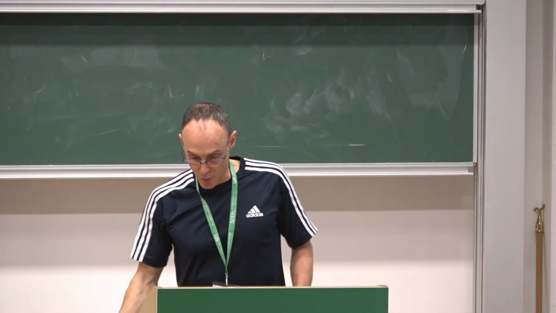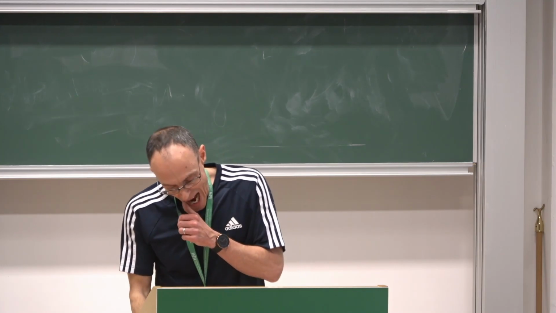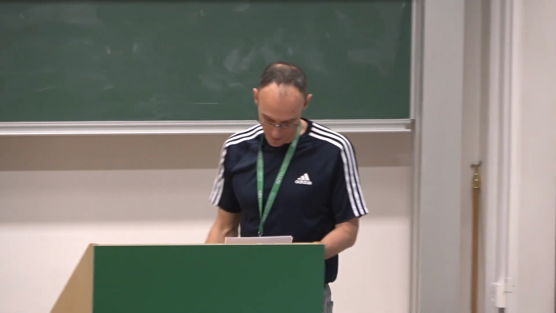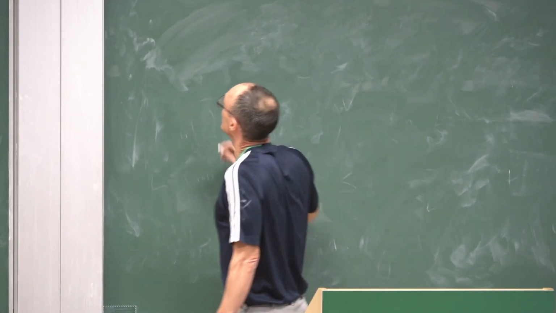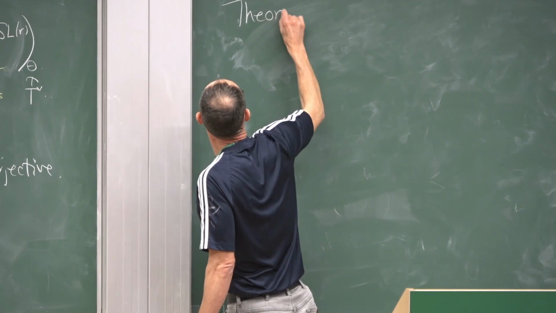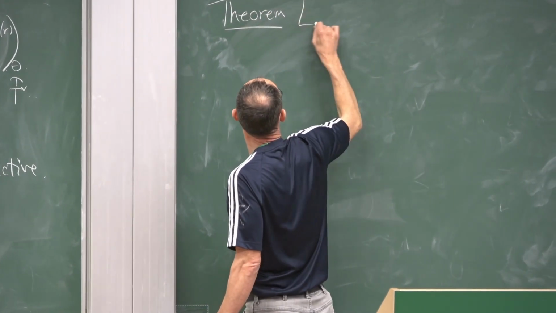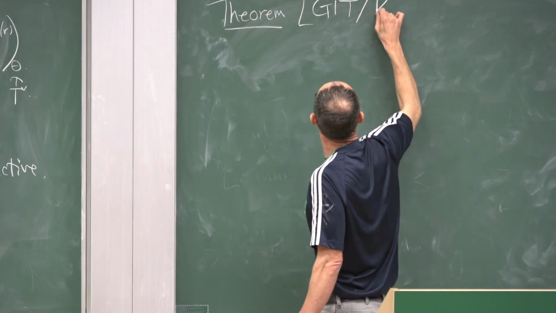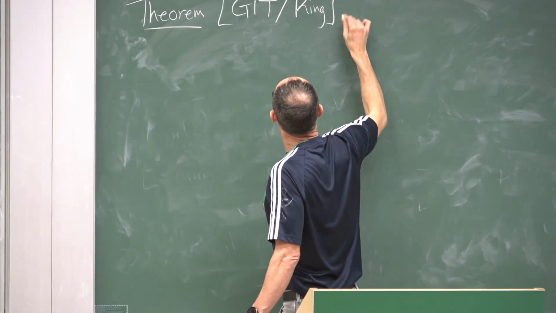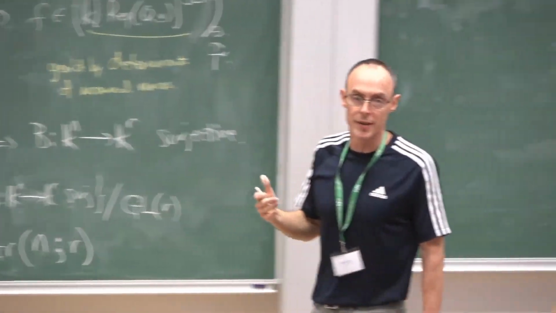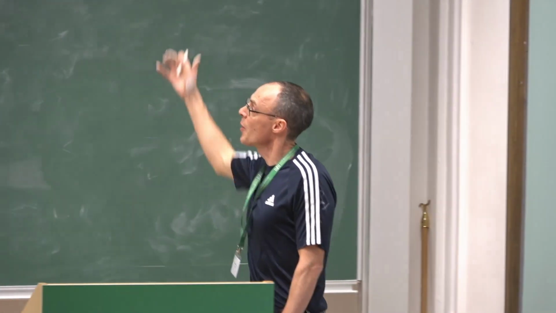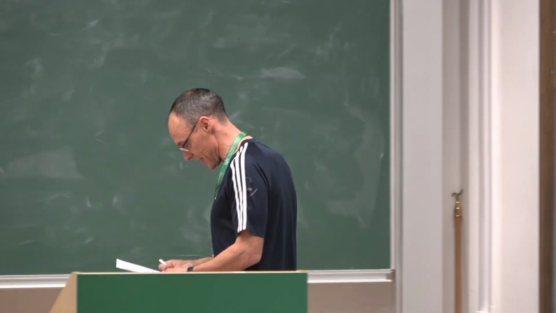So the same is true much more generally. And I've got a theorem, and I'm attributing it to Alastair King, who's a colleague of mine, but that's probably a bit generous. So I'll call it GIT and King. Some of it's Alastair, but much of it is general GIT, and it's exactly some of what Joshua told us this morning and yesterday. He made the point that GIT quotients are a way of constructing these moduli spaces.